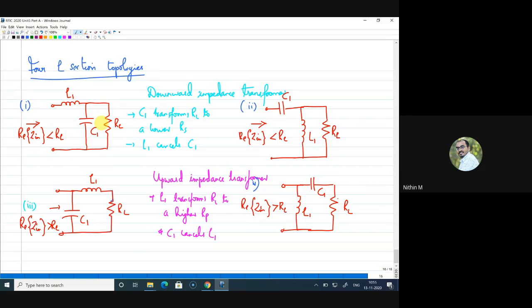Now if you have doubts you can ask, otherwise what I'll do is show a quick simulation on this. So can you think of any drawbacks of this L section topology?